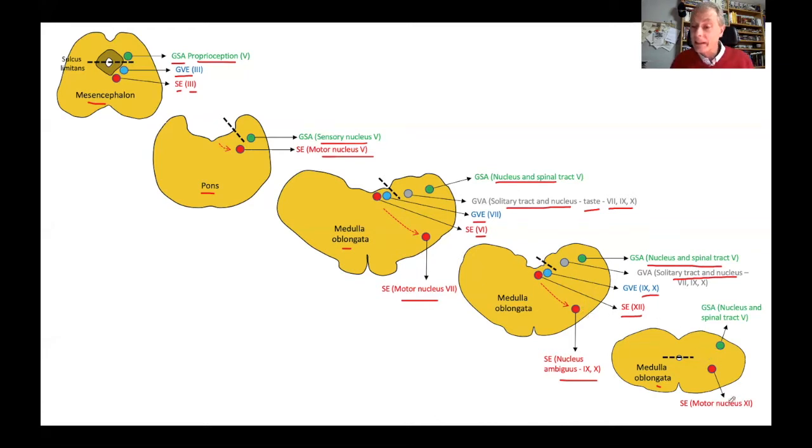And then again, the motor nucleus of the accessory, that is caudally located to the nucleus ambiguus, has the same location. And again, the sensory afferent for the nucleus and spinal tract of the trigeminal nerve remains in its location.